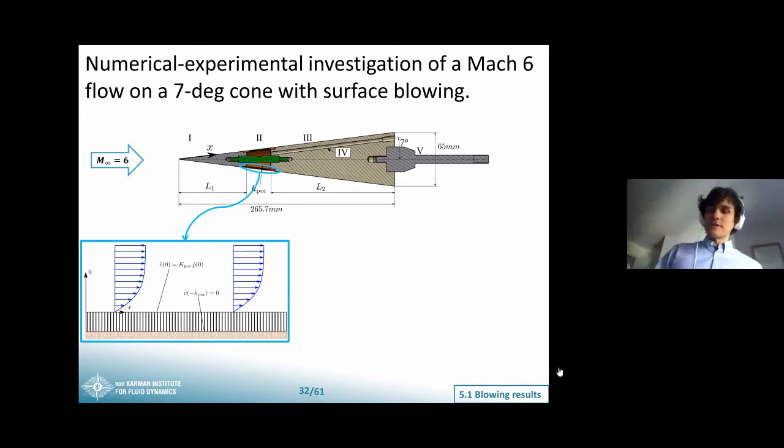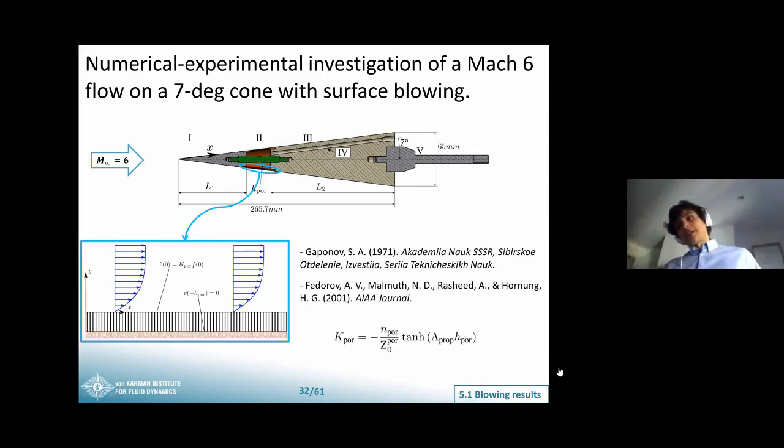And conveniently enough for us, it also theoretically allows us to apply a boundary condition that was actually developed for passive porous walls on this blowing case. So this is one of the things that we wanted to determine: can we use this passive boundary condition on a blowing case?